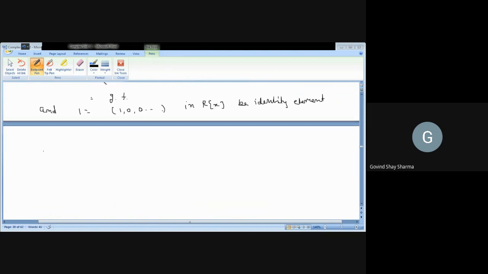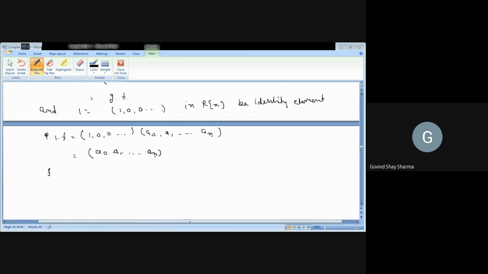So 1 dot f is (1, 0, 0, ...) times (a0, a1, ...), which can be written as a0, a1, and so on. All the other terms are 0, but only the product with 1 remains here.